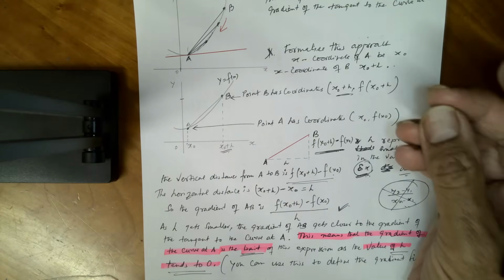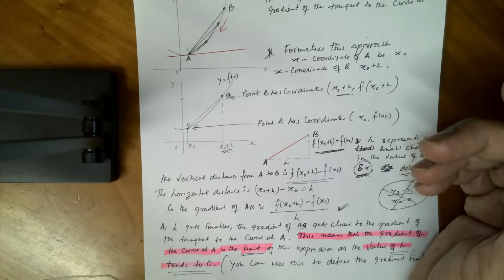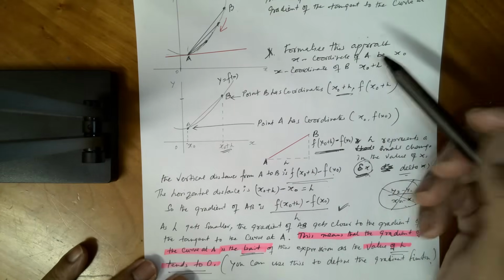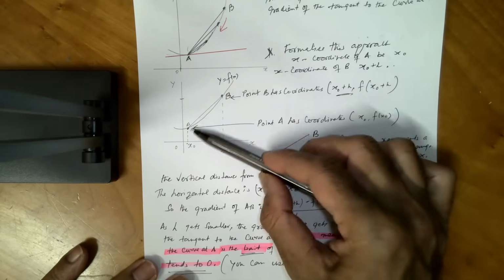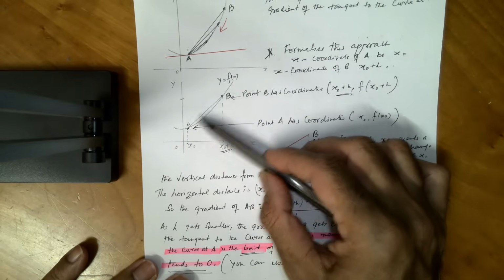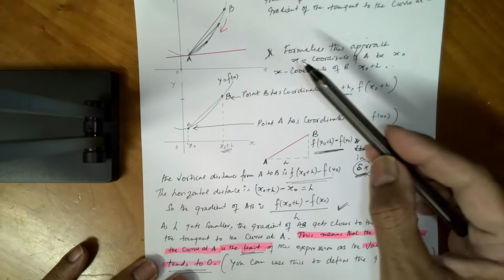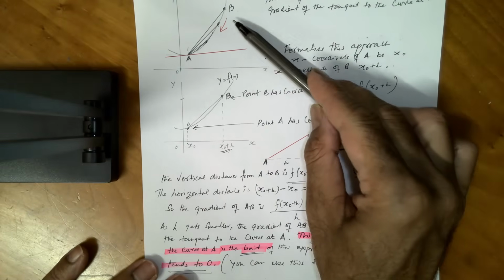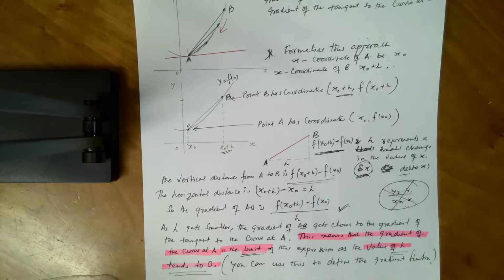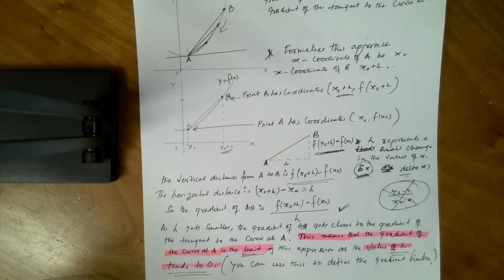This is what you will learn in differentiation. That is why I talked about these two points, the chord, points A and B, and then moving B closer to A. It will make it clearer to you. I hope you understand that.